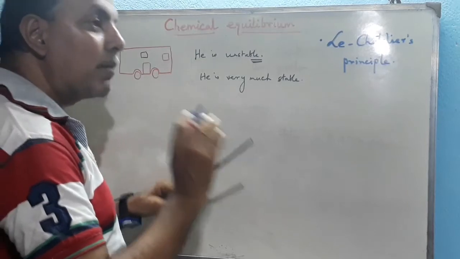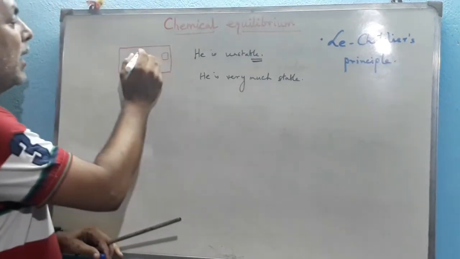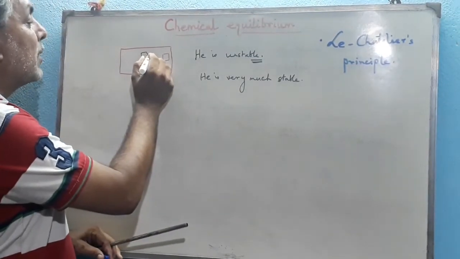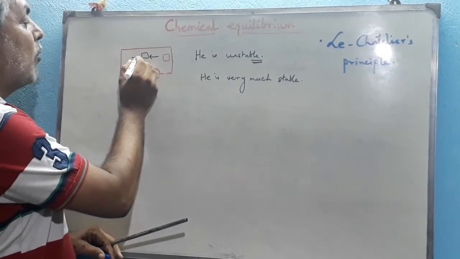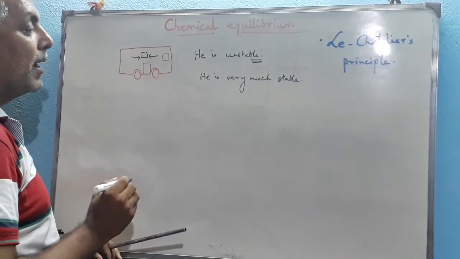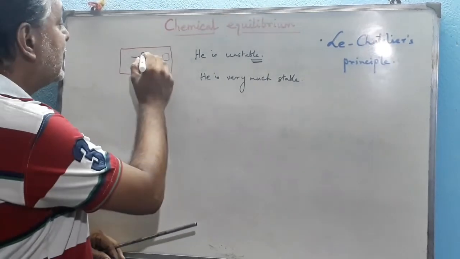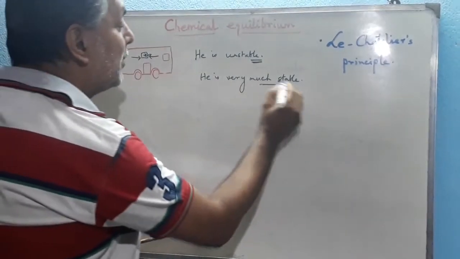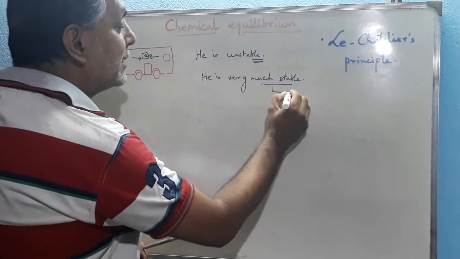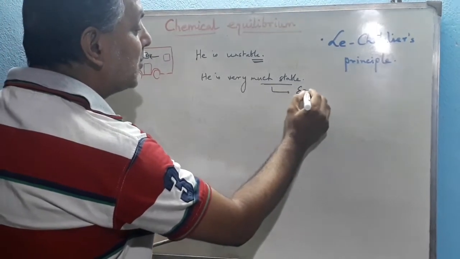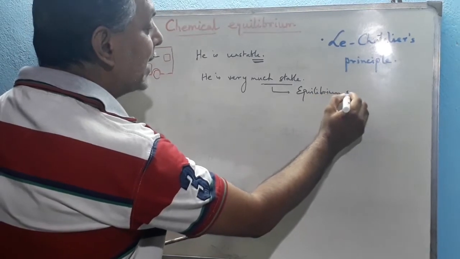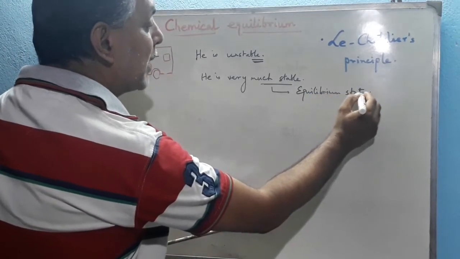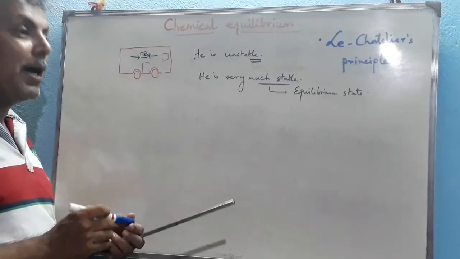He can be stable at that place, because in that case the pressure from this side is approximately equal to the pressure from that side, and hence this is the most stable position of that person. Now we can say that this is the equilibrium state of that person. So equilibrium state is nothing but the most stable state of a chemical reaction.